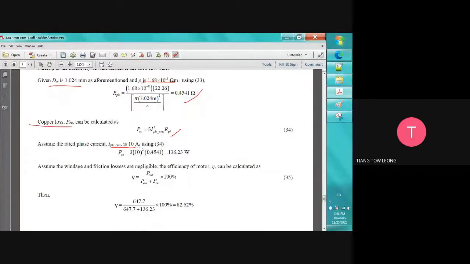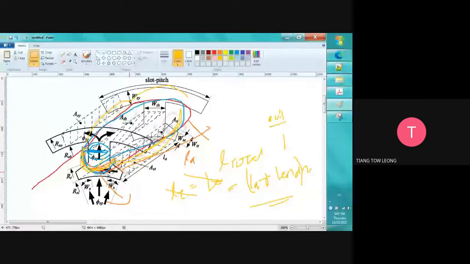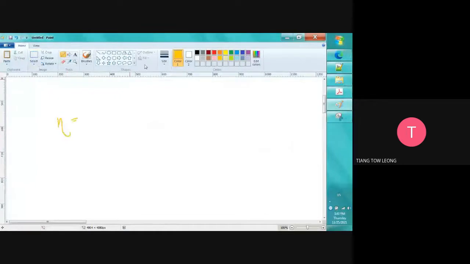Know that copper losses is 3I squared R. Just put it inside, then get the value. We assume the windage friction losses are negligible. So to find efficiency, it is P output over the input, times 100%.